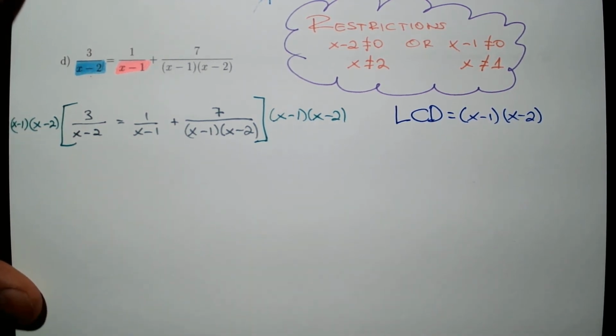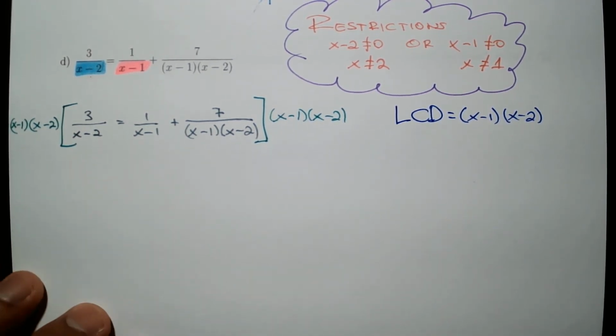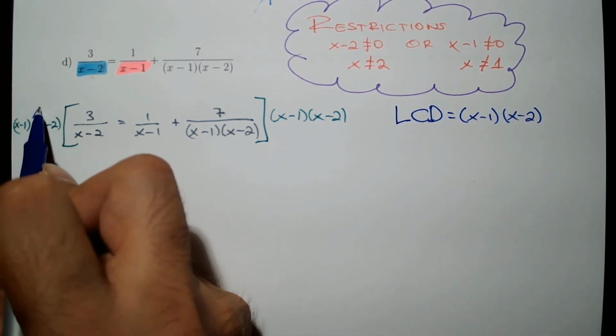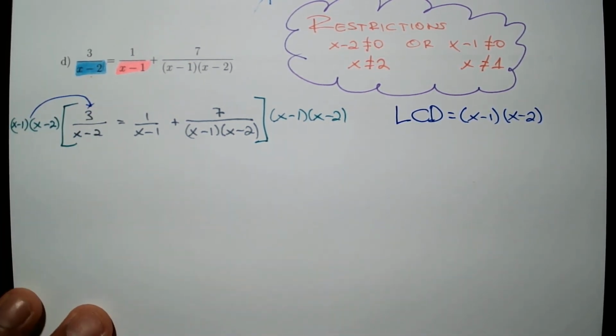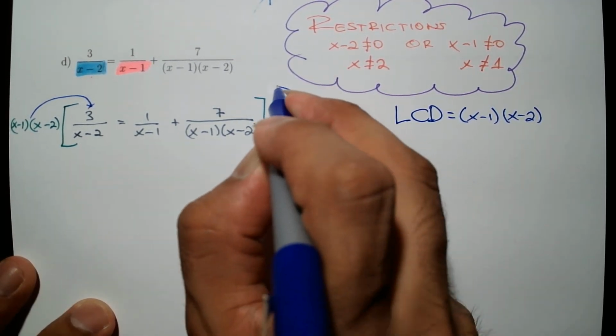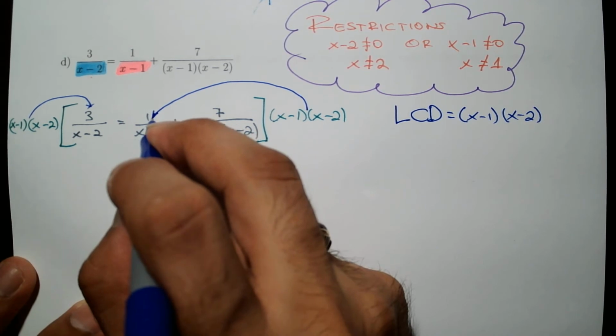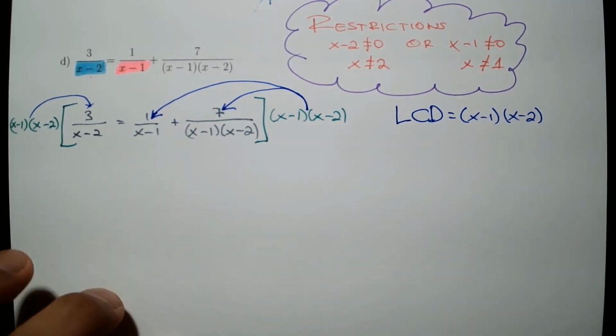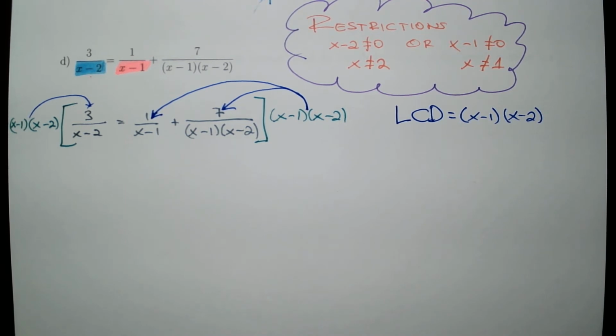Okay, and what are we going to do next? Well, I'm going to multiply the product of these two algebraic expressions with the numerator of the first fraction. I'm going to go to the right hand side and multiply this with the 1 right here. I'm going to keep the same colors just so you can see what I am doing.